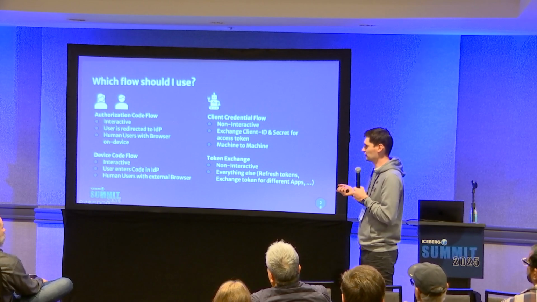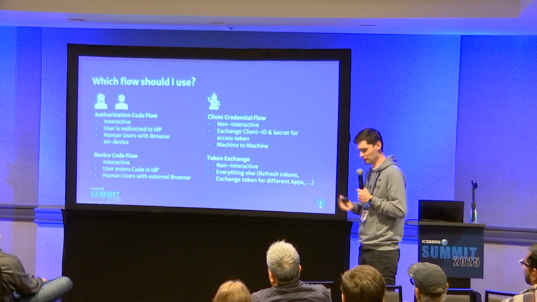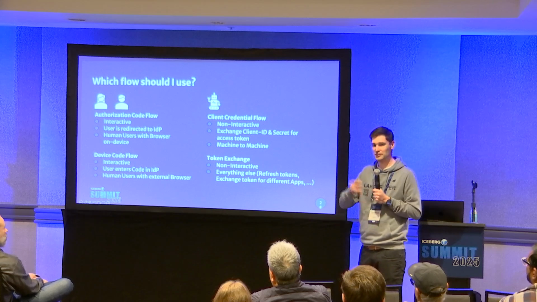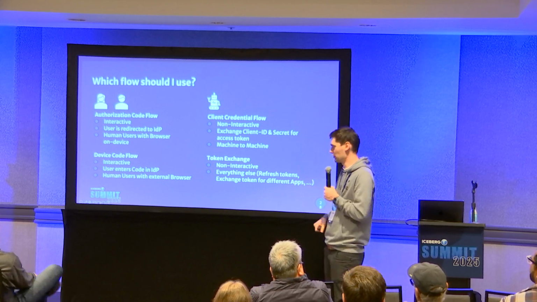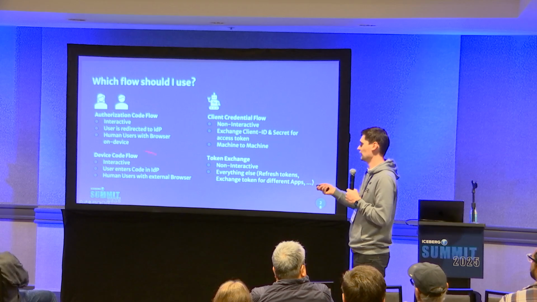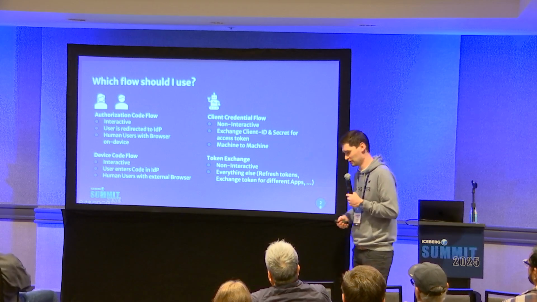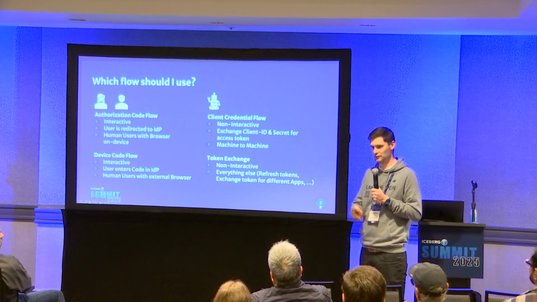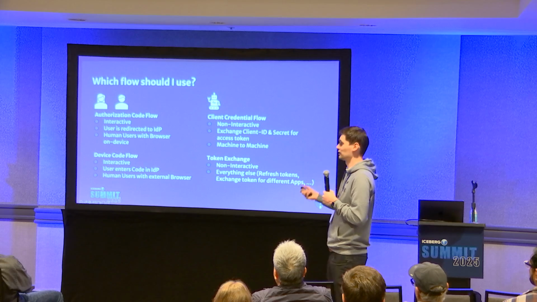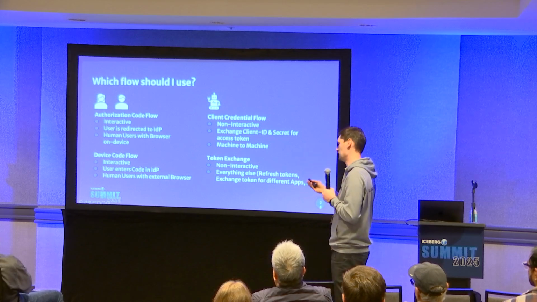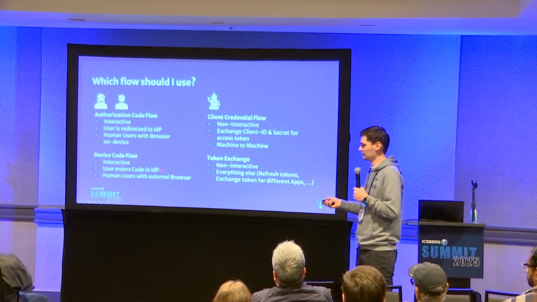One is the authorization code flow: if you log into some kind of service and then you get redirected to your IDP in your browser, you log in, this is the authorization code flow. The second flow that you can use for that is the device code flow, which you use typically when you log into Netflix on your TV: you get a device code, you enter that on your second screen, on your mobile phone, for example, and that is the device code flow.